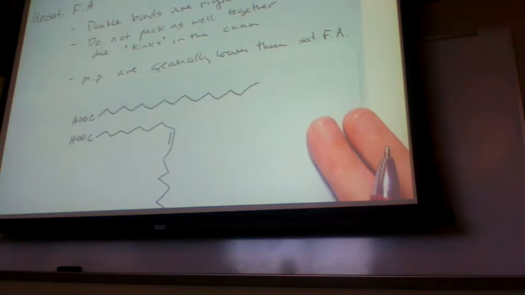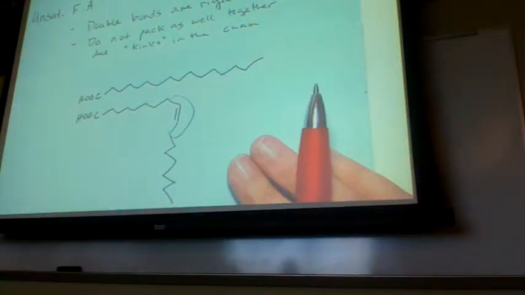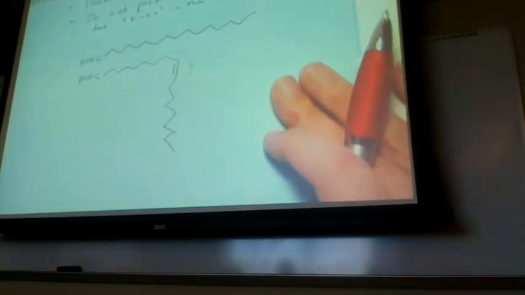That's exaggerated, but when I stick these little cis double bonds in, they're rigid. They don't pack as well. When I have everything in a kind of trans backbone situation, as soon as I stick a double bond in, it no longer can adopt that. So you end up with things that don't pack as well and lower melting points.